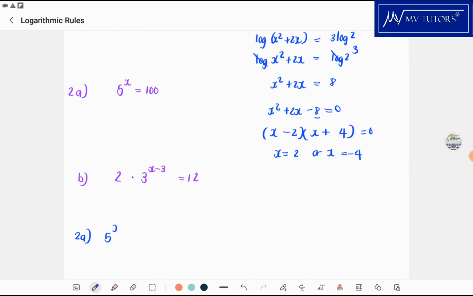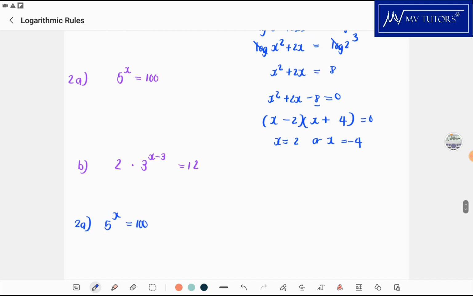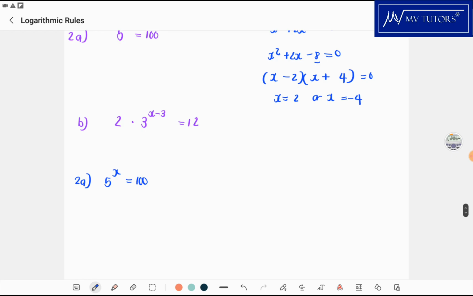So I have 5 to the power x is equal to 100. So the x is my unknown. You could try and say, can I write 100 as base 5? No, this is just 10 squared. So not really winning much there.